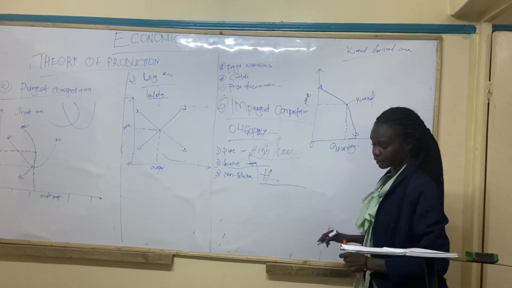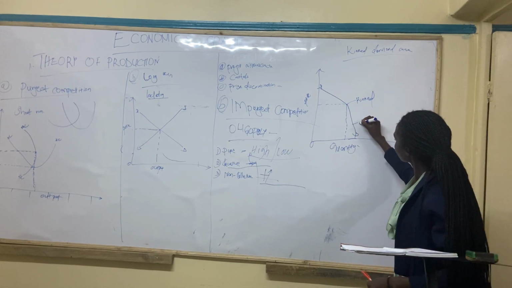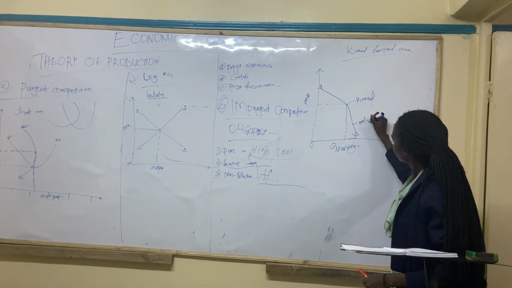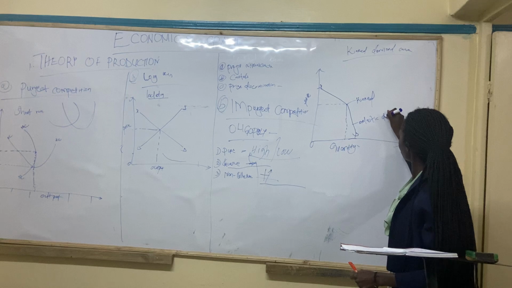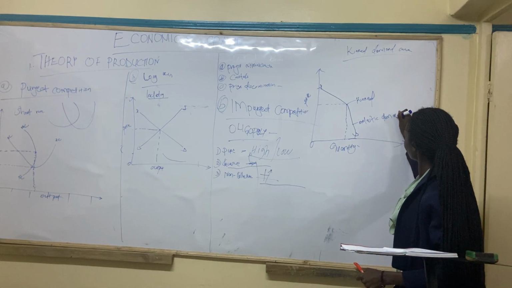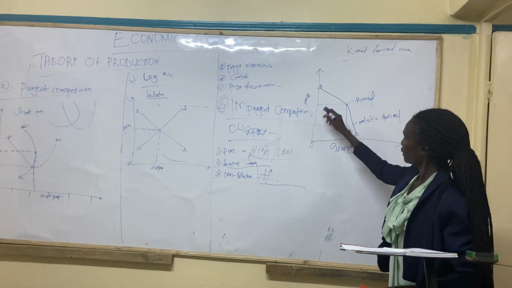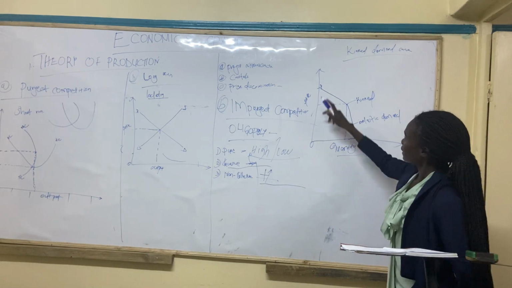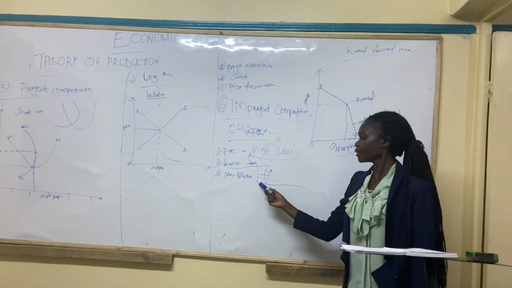So this part is elastic, and this one is inelastic demand. So this is price, this is an illustration of the kinked demand curve which arises from non-collusion.